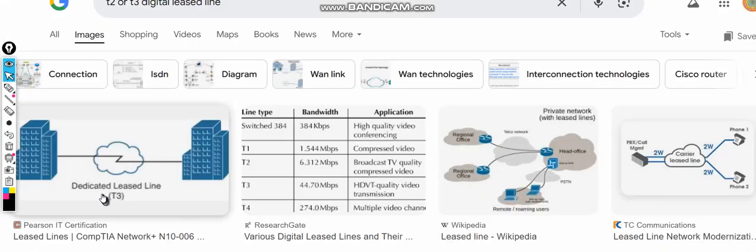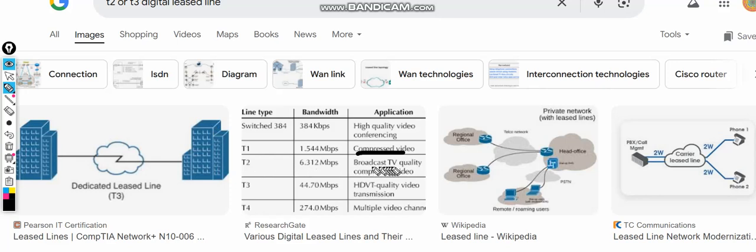So this is a T3 dedicated leased line. What is a T1? T2 means it is nothing but the variation in the speed. So T1 is 1.544 Mbps bandwidth and the application is compressed video. T2 is 6.312 Mbps.